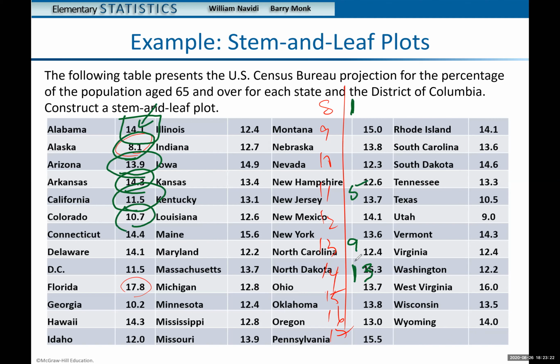Next, 10.7, 10, 7. 14.4, so that's why you have 4 here. 14.1, that's why you have another 1 here. 11.5, another 5 here. 17.8, so look for 17 and you're going to have 8 here. 10.2, 14.3, 12.0, and so on and so forth.